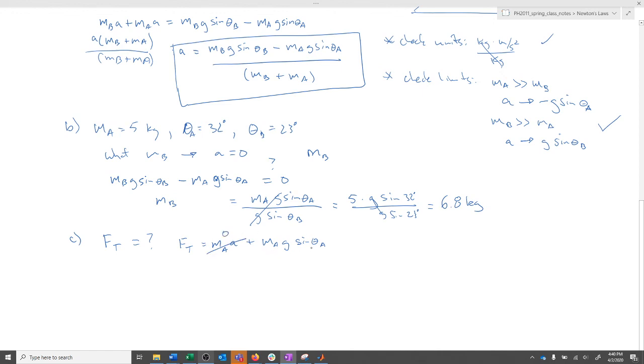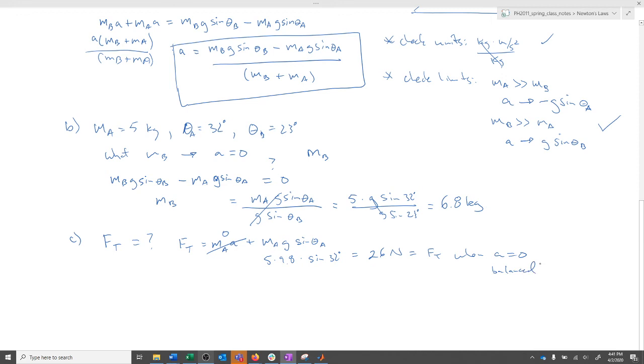So we would just plug in MA g sine theta. MA was 5 times 9.8 times sine of 32 degrees. And we find that in this situation, this would be 26 newtons. So that would be the tension force when the acceleration is 0, when it's balanced.